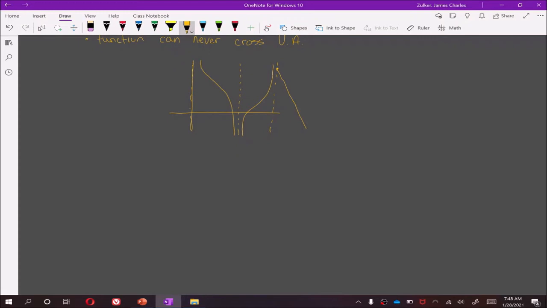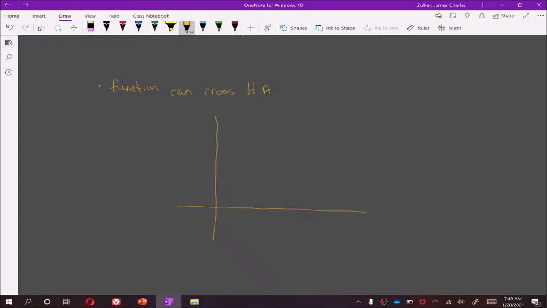However, there is no such restriction on horizontal asymptotes. So a function can cross a horizontal asymptote, and theoretically it could cross it an infinite number of times. Let's say this will be our horizontal asymptote.